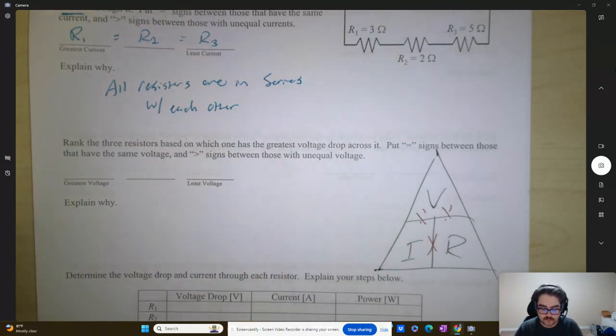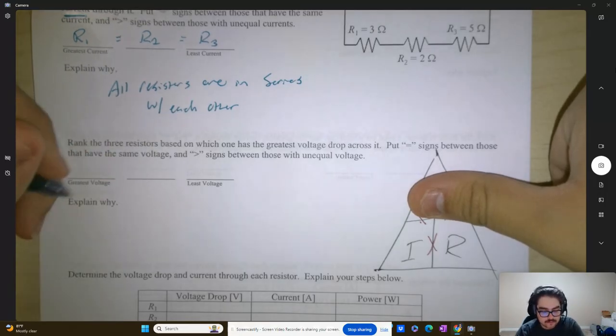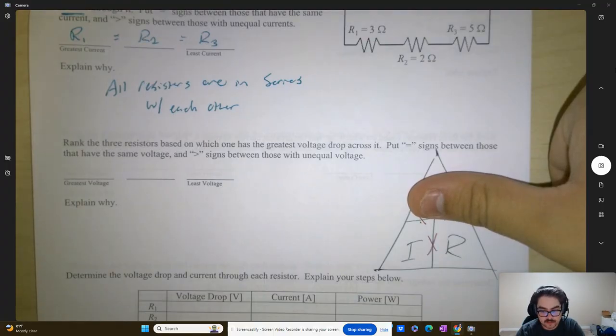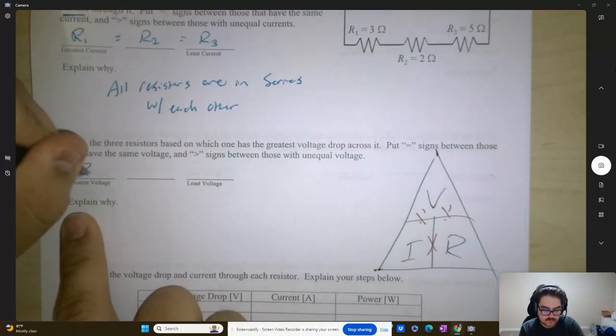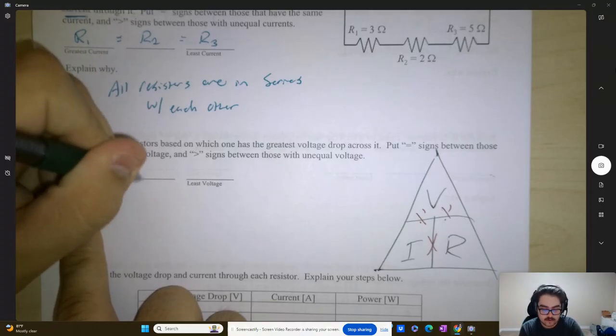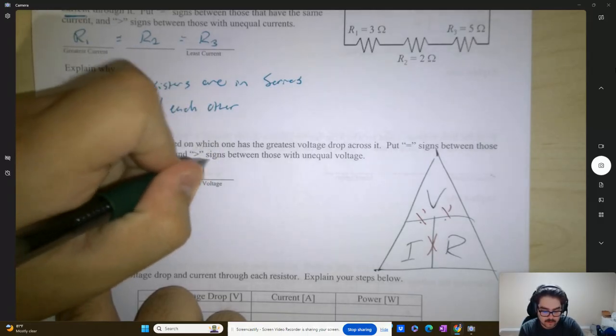So we're looking for voltage, right? V equals IR. If you know that current is going to be the same in every single resistor, then there's only one thing that voltage is dependent on, and that is resistance. The greater the resistance, the greater the voltage through it. So that means R3 would have the greatest voltage, then R1, and then R2.